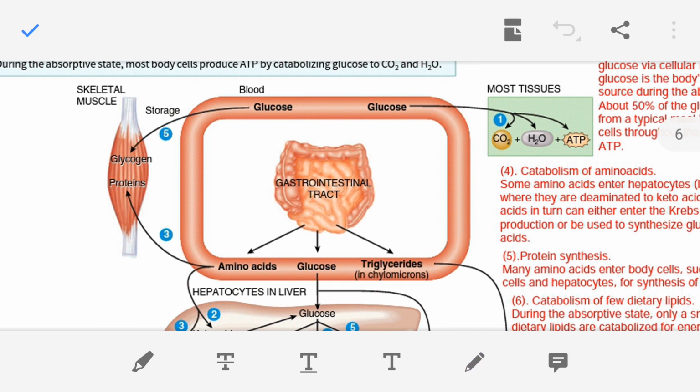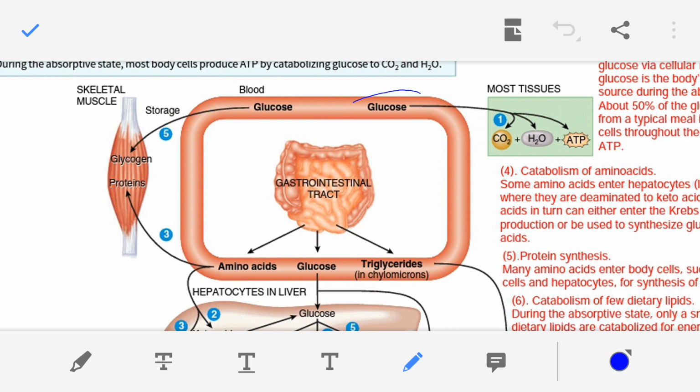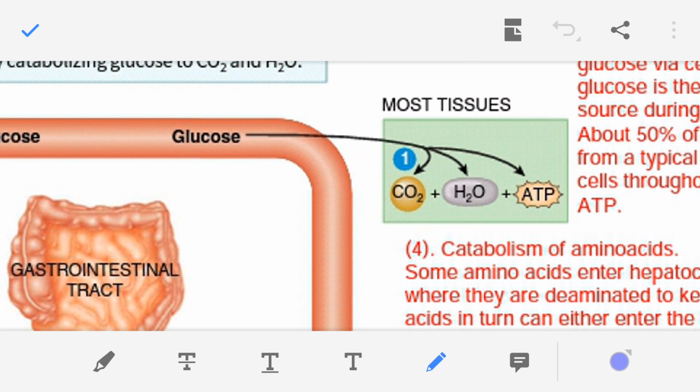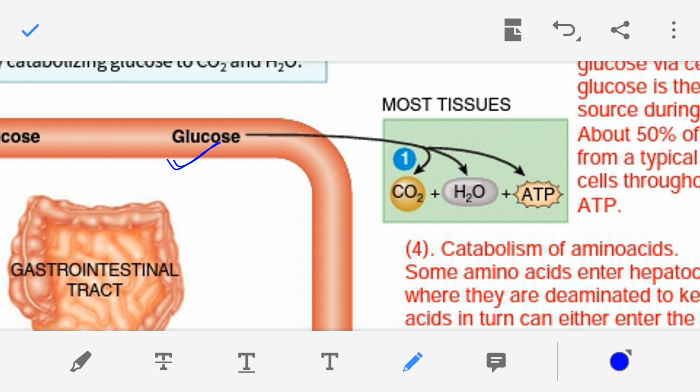That is one thing. Now all our body cells, all the tissues, receive glucose from the blood, and inside our body cells we know there is a process of cellular respiration. That is the catabolism of glucose.